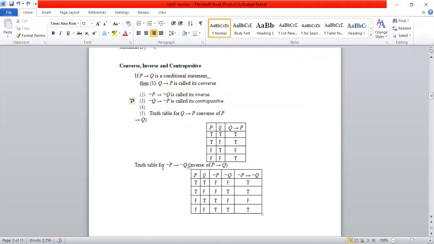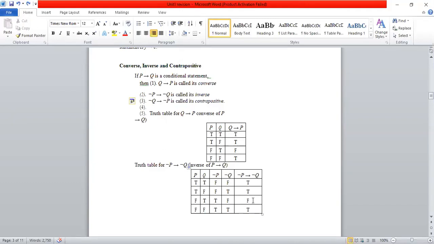Next, we are constructing a truth table for negation P conditional negation Q. Third column values are negation P. Fourth column values are negation Q. In conditional connective, when negation P has a truth value true and negation Q has a truth value false, then only negation P conditional negation Q will have truth value false.